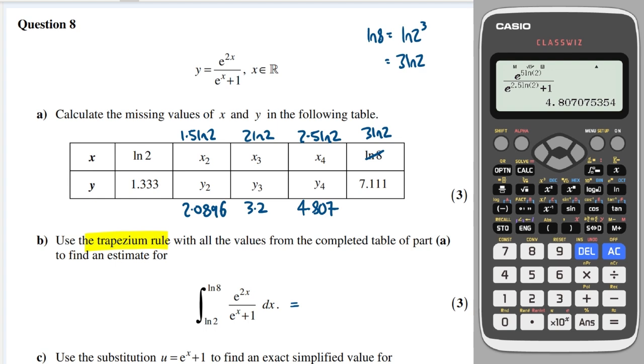The trapezium rule is that you need to take the gap between them, which in this case is 0.5 ln 2, and you will need to halve that, and then you will need to multiply it by the first term plus the final term plus 2 times the middle terms added together. And you get an answer of 4.962.